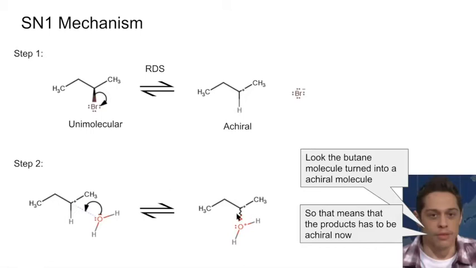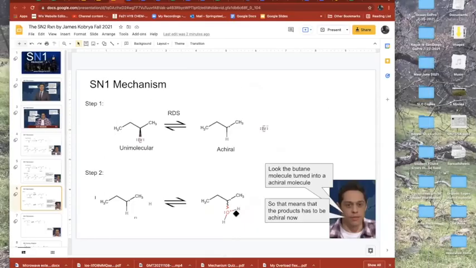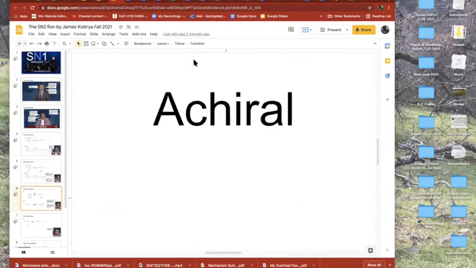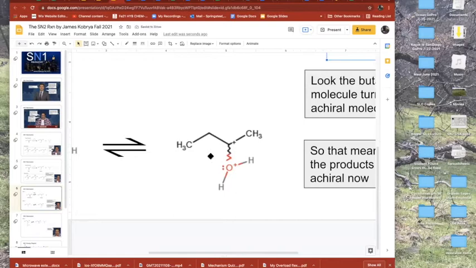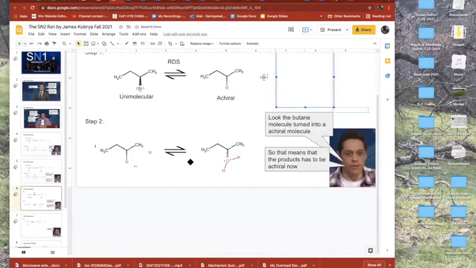So you get a racemic mixture drawn in shorthand, and there's no more plus charge here.